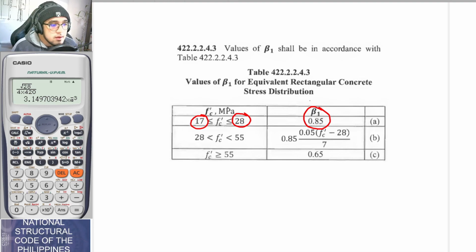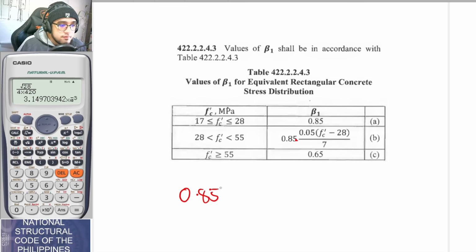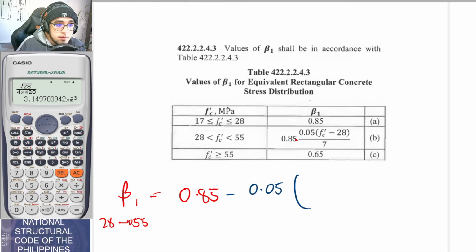But if it is in the range of 28 up until 55, you would still be using this equation. So in your 0.85, you would now be subtracting 0.05 for every 1 megapascal that is the difference from 28.